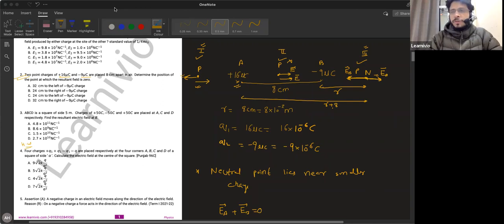And please don't copy the solution. These questions are from PYQ. Maybe you can get these questions this year also. Do it on your own. If you get stuck somewhere, just ask. And I will give a similar numerical as a homework exercise.